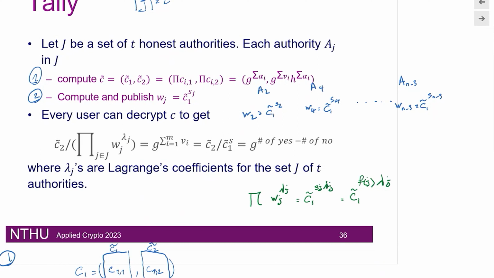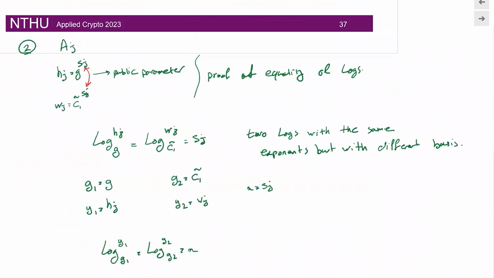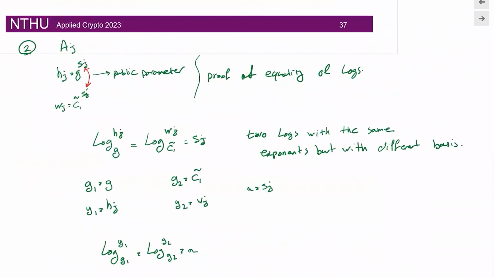But they need to compute the C1 tilde and raise it to this piece of share that they have. We said that they're honest, but we need to verify their work. And in order to verify their work, the only way we had was to show that this SJ is exactly the same value that they used for computation of HJ, which is a part of the public parameter.